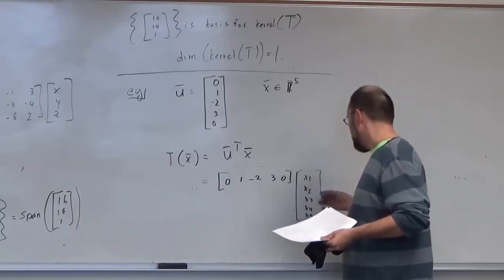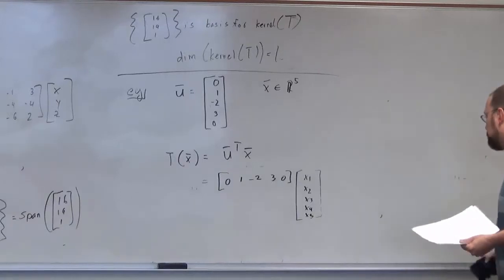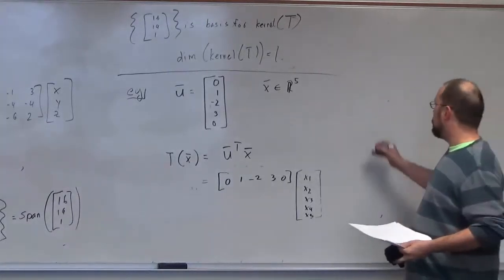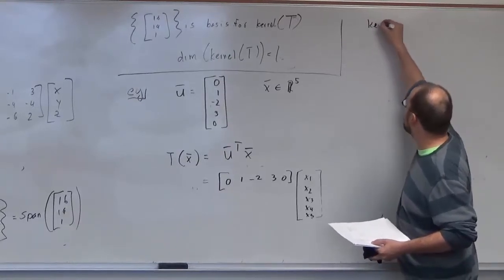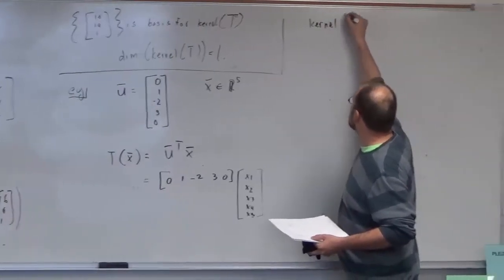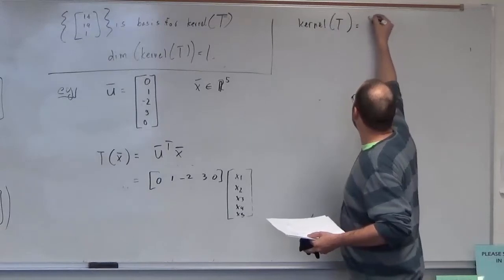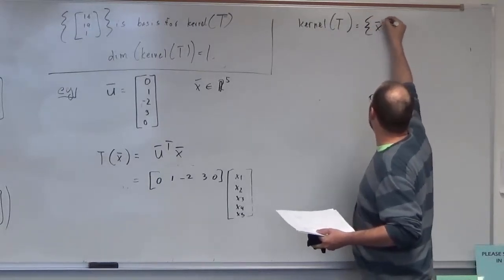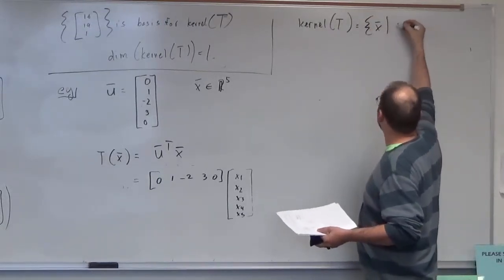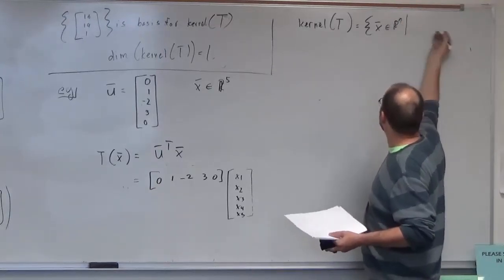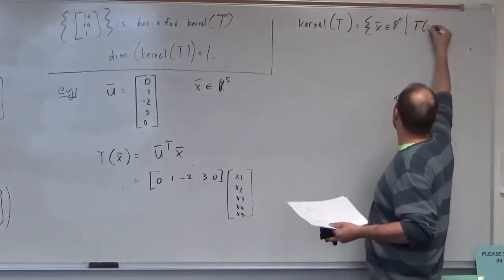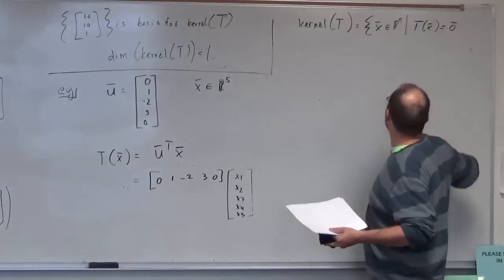And it's a matrix multiplication, so it's a linear transformation. And so we want to think about the kernel of this linear transformation. That's just the set of all vectors in the domain such that the transformation returns 0 for that vector.